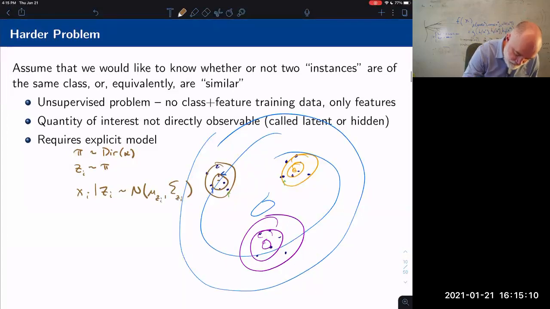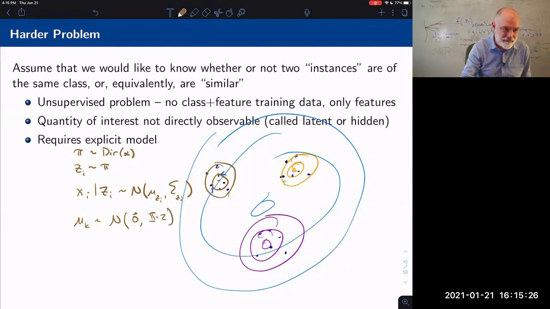And mu k will come from some prior on mean vectors. We can put a prior on a mean vector. We'll say that we want it to be close to 0 and I times 2, whatever, doesn't matter. That one will probably end up screwing me up. How about sigma k?